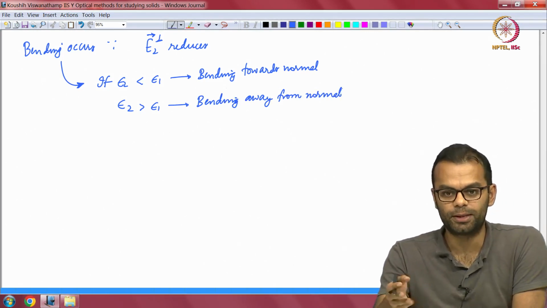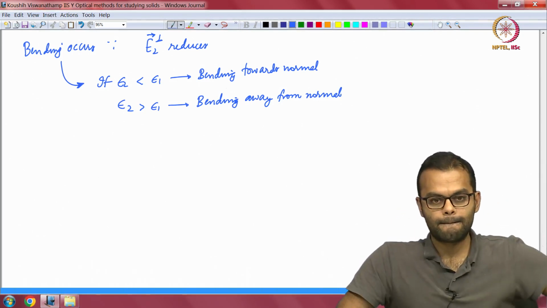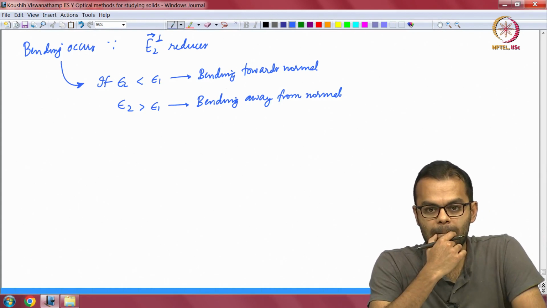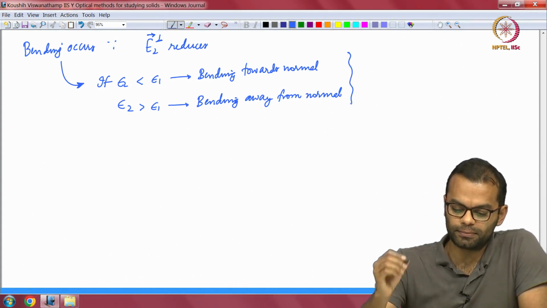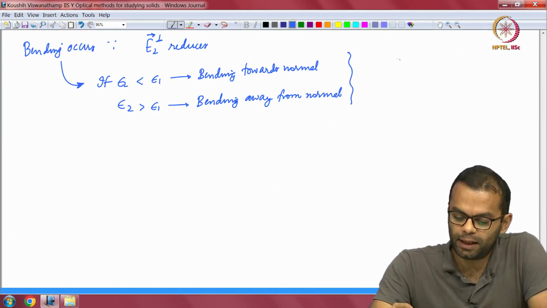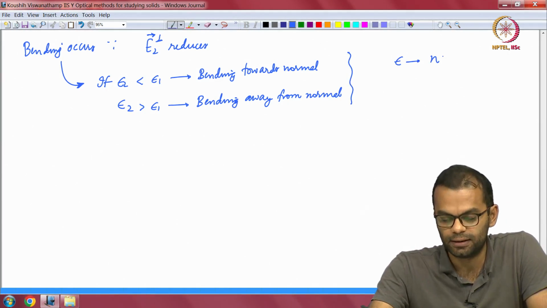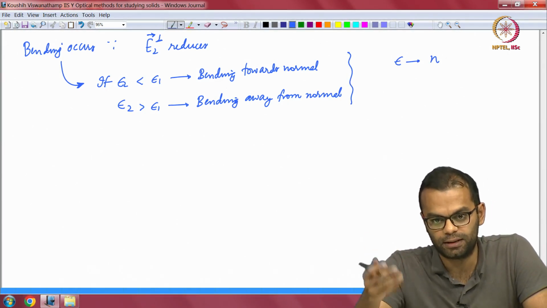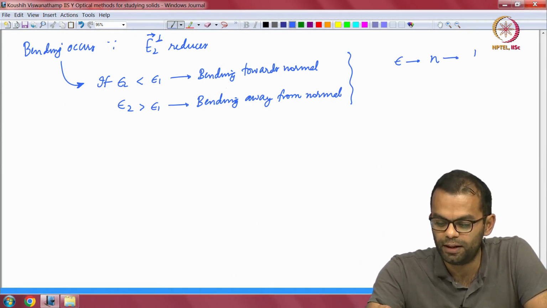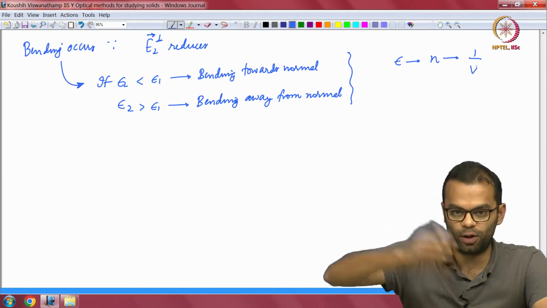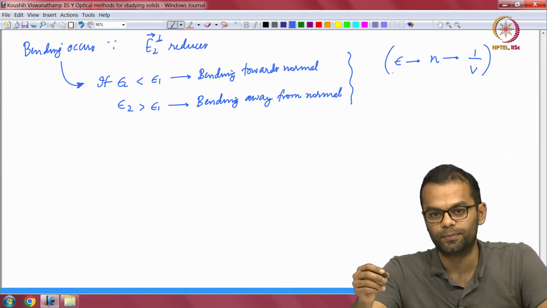So, all of this is a consequence of the same thing. And the other important thing of course is epsilon is related to n, the refractive index. So, larger n means larger epsilon and vice versa, and this is related to 1 by v. So, larger v, smaller epsilon; smaller v, larger epsilon, and the same discussion we had before comes through.